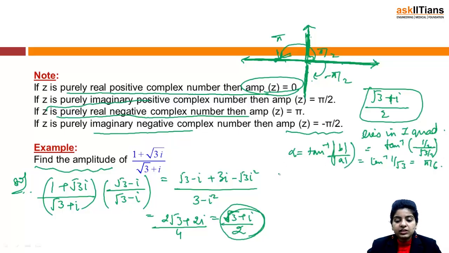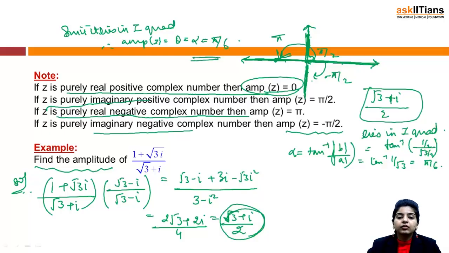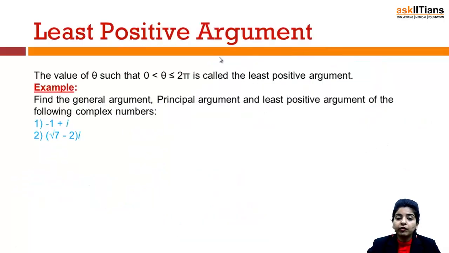Moreover, since it lies in the first quadrant, the amplitude of z, theta, is alpha, which is pi by 6. So this is the simple answer. In fact, this was quite simple. If you would have understood those cases, you would have understood this question also.